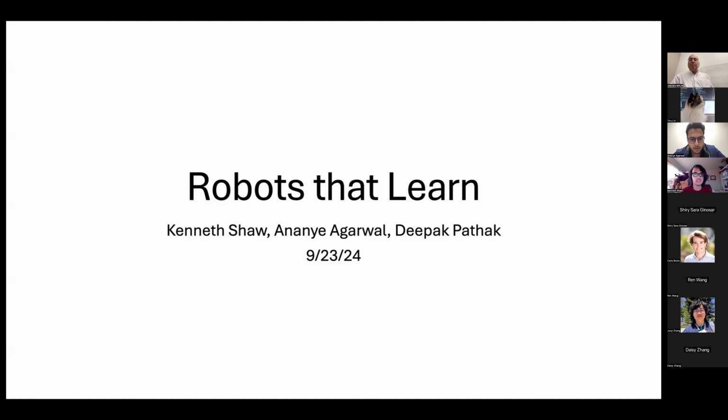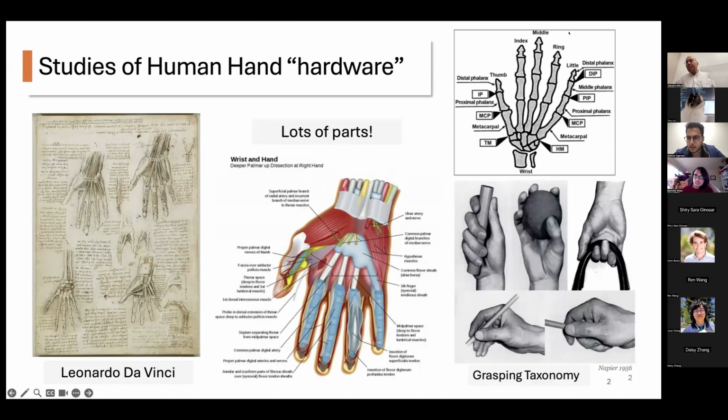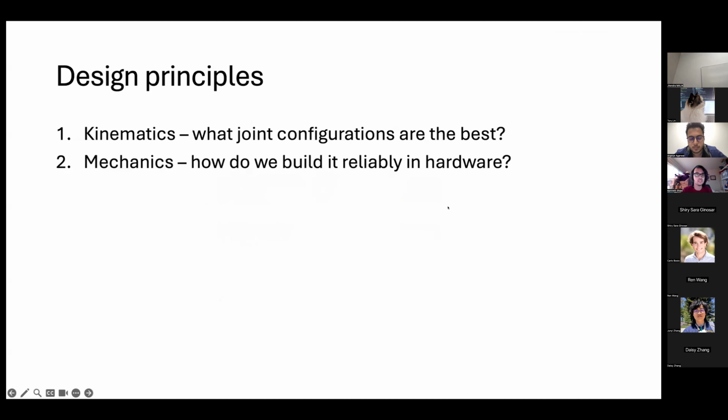So you guys already looked at the human hand, and it has a lot of degrees of freedom. It's very suited for tool use and so on. And what we want to do in robotics is to replicate this capability in hardware. So what we'll talk about today is the design principles when you go about doing this.